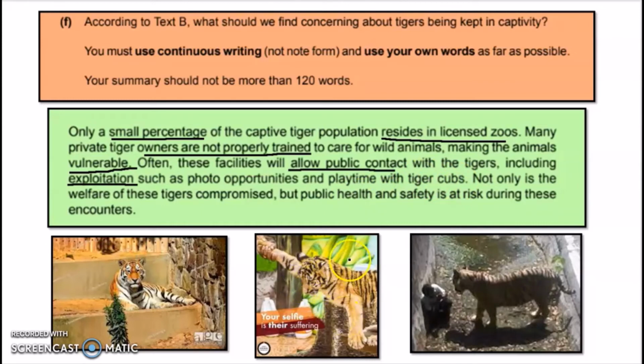Tigers are not comfortable when you give such facilities to the public. So not only is the welfare of these tigers compromised, but public health and safety is also at risk during these encounters. They are putting not only the animal in danger, but also the people.